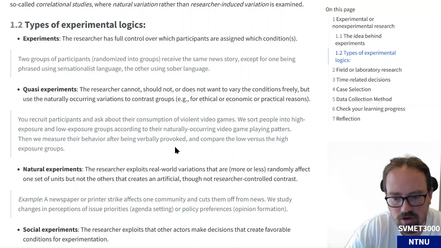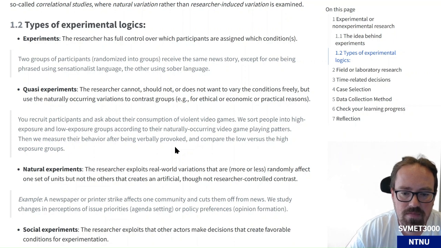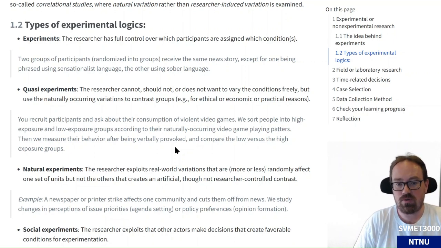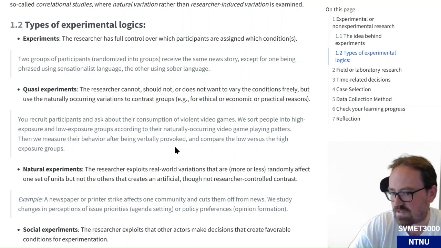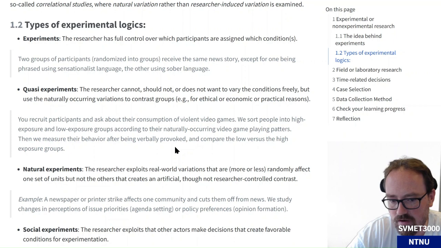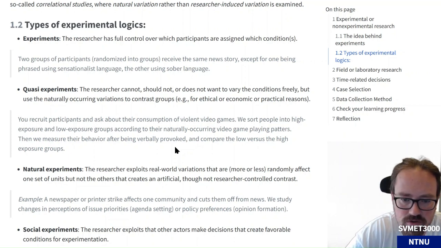The flaw in the logic here is that these kids, or these people, may have been very different from the outset. There might be something else that's responsible for their high amount of playing violent video games, and that's what's actually responsible for their more aggressive reaction compared to the other group.